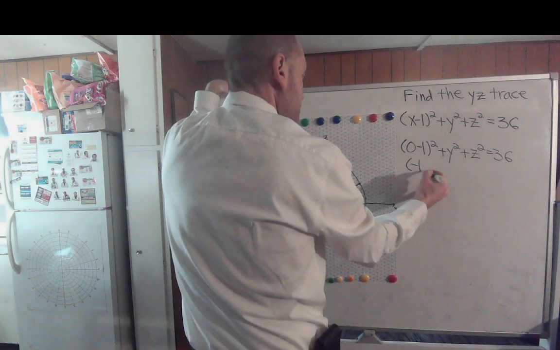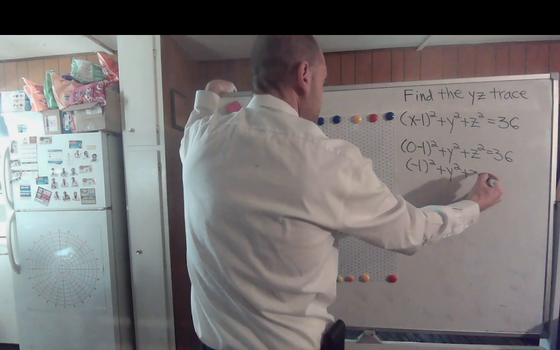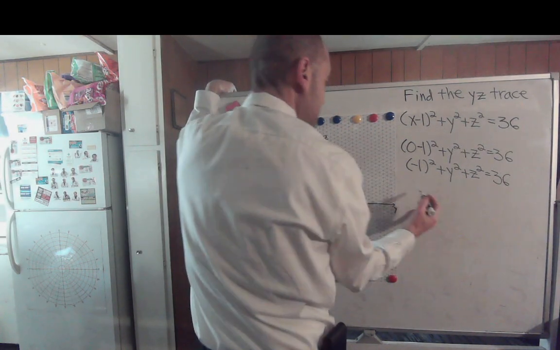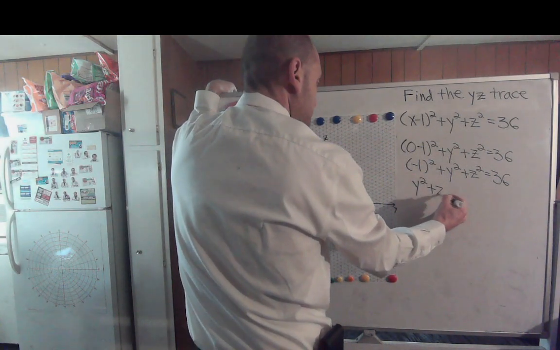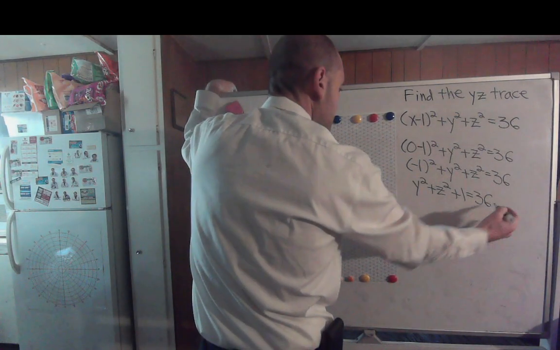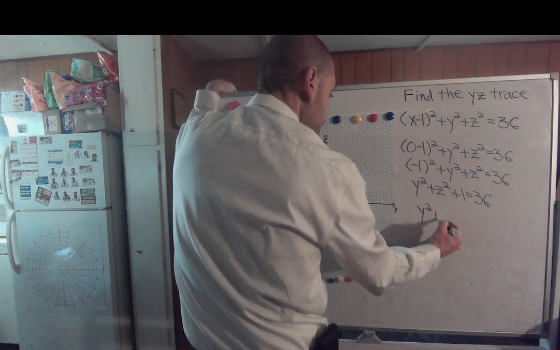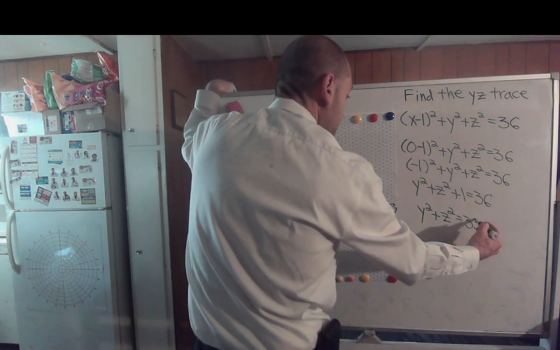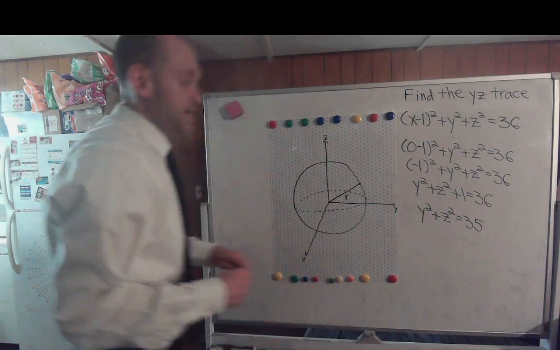This turns into 1 + y² + z² = 36, which gives the final equation y² + z² = 35. So notice your radius has changed for the yz trace.